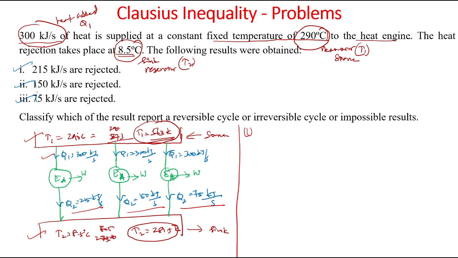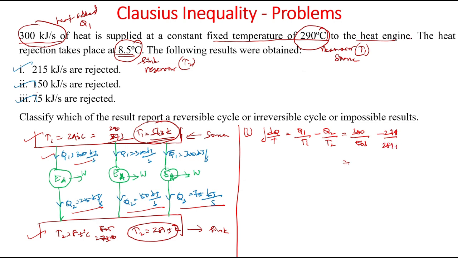First, condition 1. Already you know the cyclic integral of dQ by T is equal to Q1 by T1 minus Q2 by T2. Here Q1 is 300, divided by 563, minus Q2, which is 215, divided by 281.5.